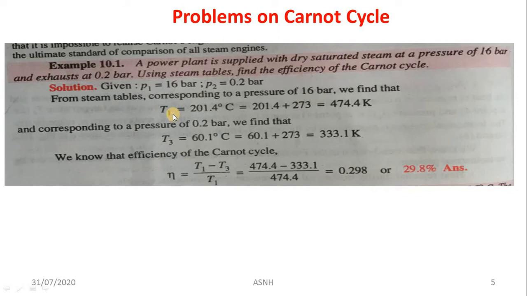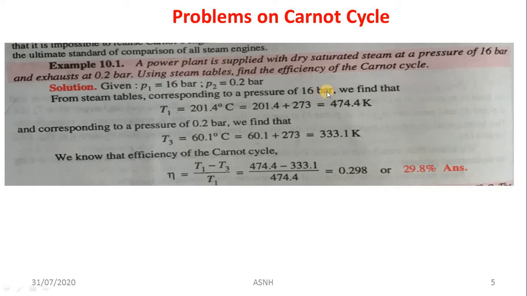Students, we must calculate T1 with the help of the steam table. While calculating the value of T1, we have to refer to the pressure P1, which is equal to 16 bar. From the saturated steam table, and one more important thing, the condition of the steam is mentioned: the steam leaving the boiler is dry saturated, so we must refer to the dry saturated steam table.